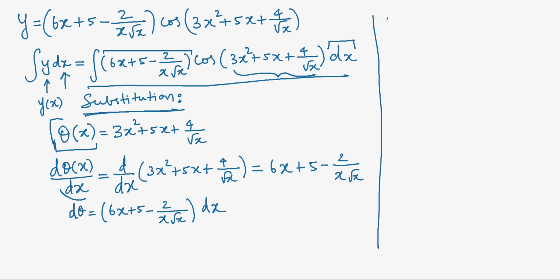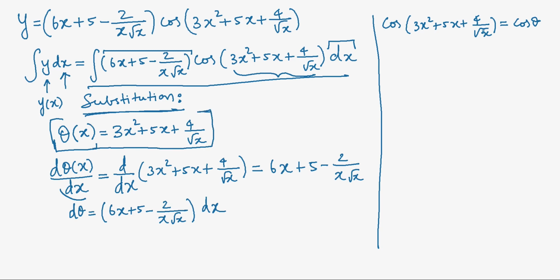So if you see, we made the cosine of 3x squared plus 5x plus 4 by root x become a simple function like a cosine theta. Do you get that? Because we know that the theta is nothing but our polynomial.